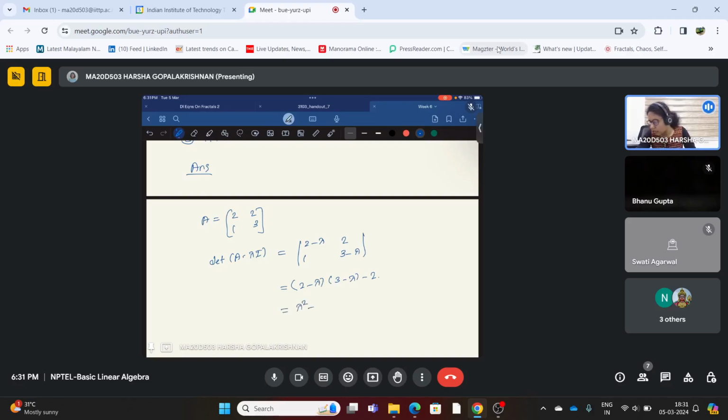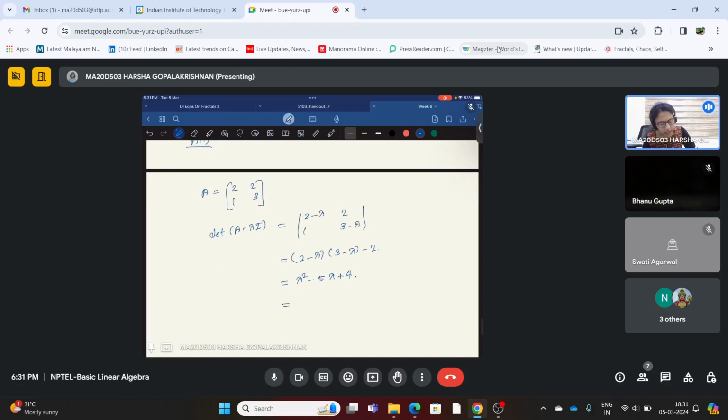So this is lambda square minus 5 lambda plus 4. From this we can write it as lambda minus 1 into lambda minus 4.